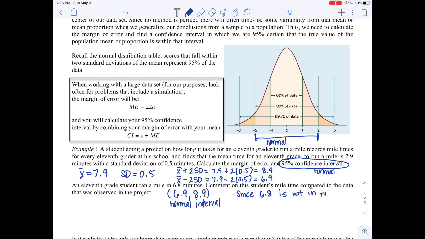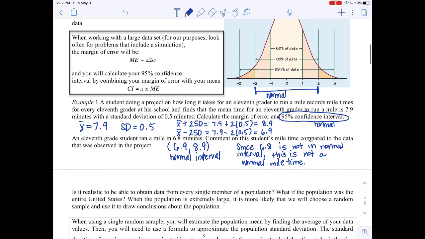Since 6.8 is not in the normal interval, this is not a normal score or a normal mile time. In this case, because you're talking about times, the person who ran 6.8 minutes is abnormally fast, according to the data that we've collected.